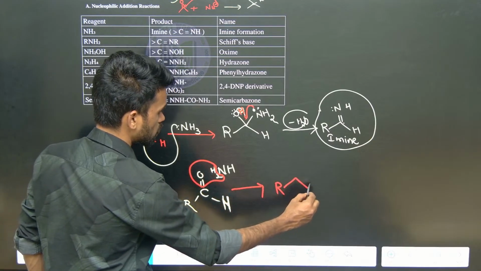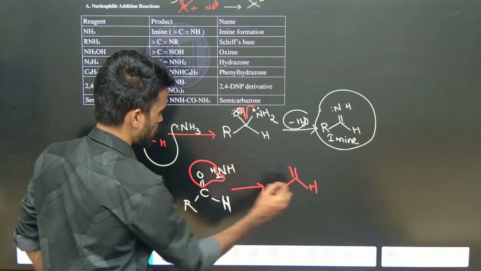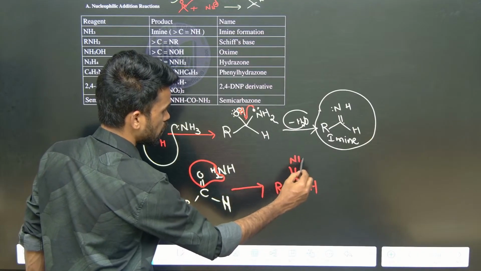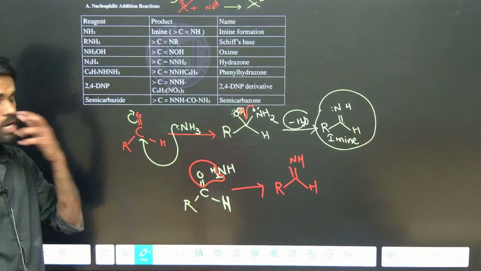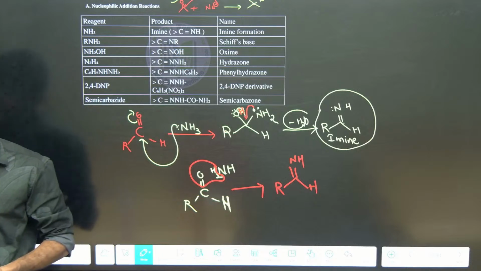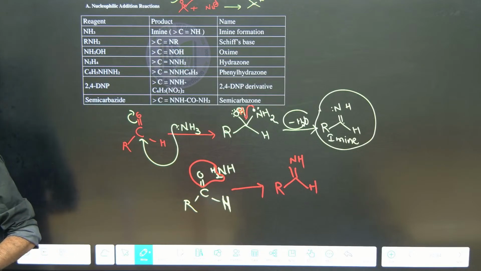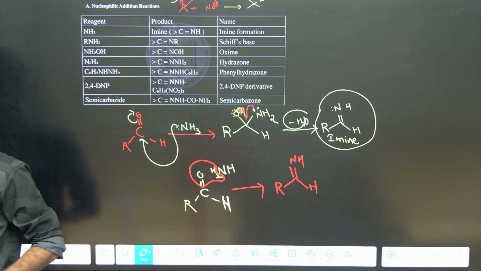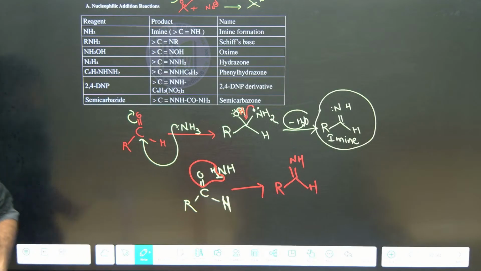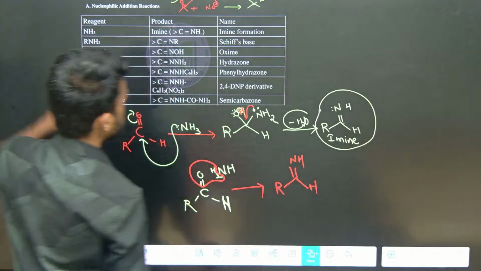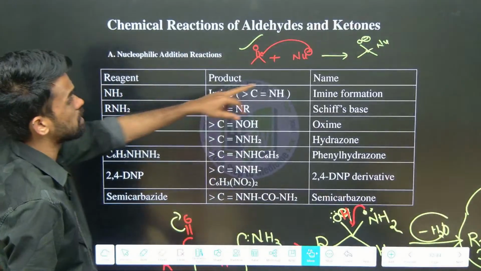R H double bond N H. So that is called imine. What can we call? Imine. Okay, we can call it as imine.